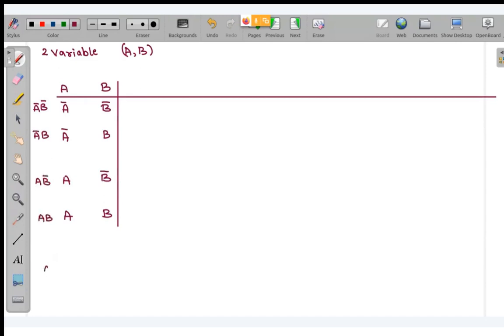Now I can write the generalized function as alpha A complement B complement plus beta A complement B plus gamma A B complement plus delta AB. What can be the possible values of alpha, beta, gamma, delta?